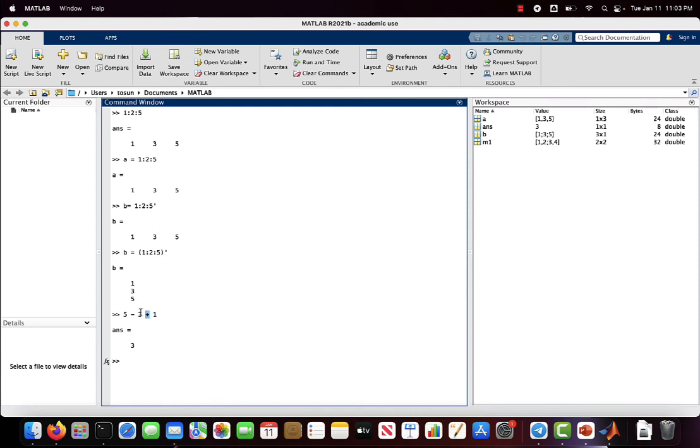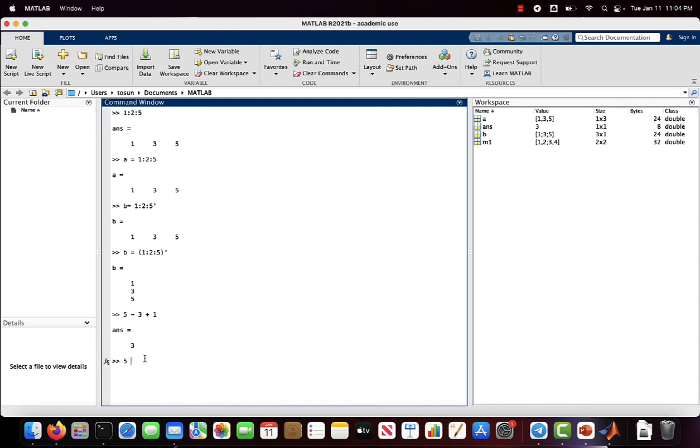And at the same level of precedence, MATLAB always executes from left to right. Here it will execute the subtraction first and it will execute the addition later.